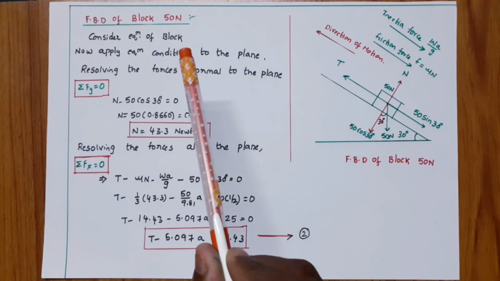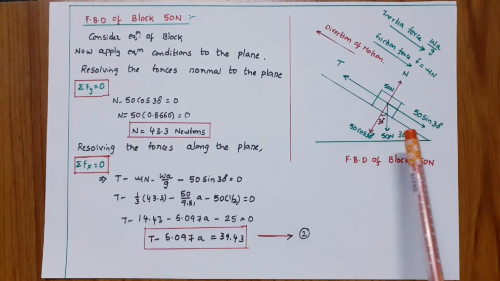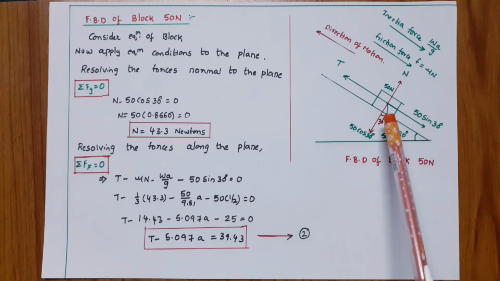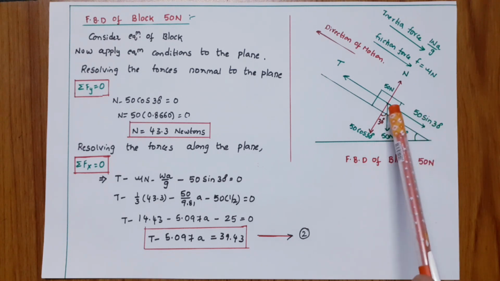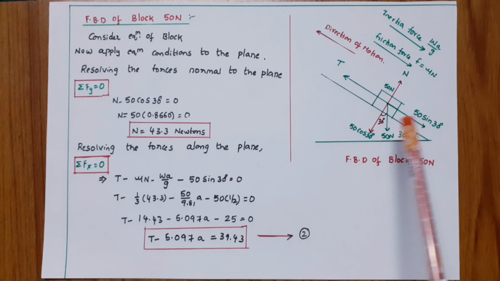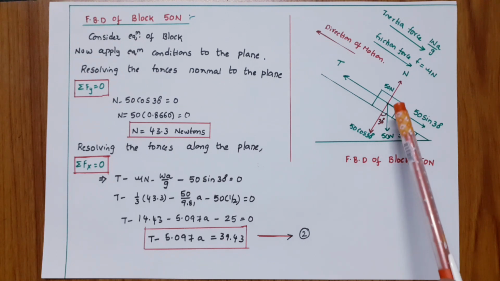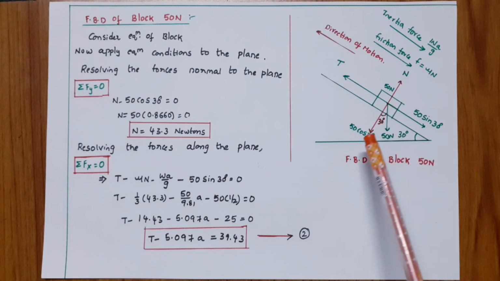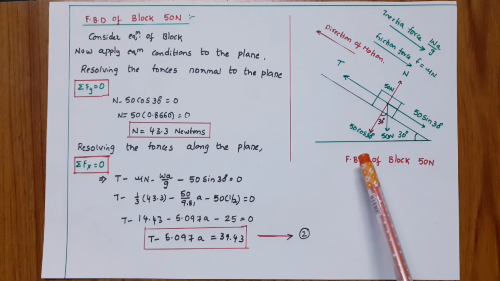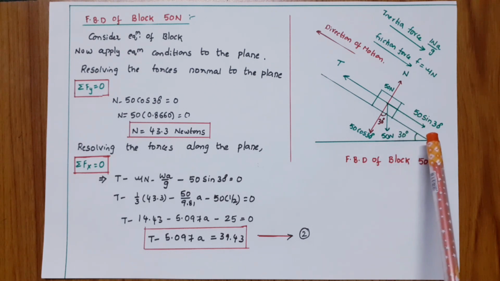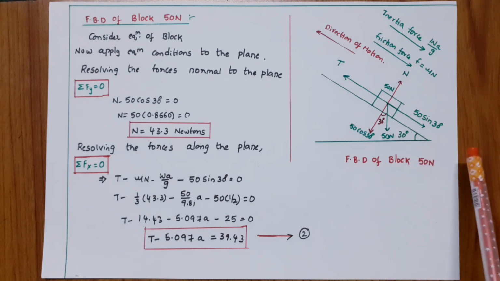Now the FBD of the 50 newton block. This is the 50 Newton block. At the contact between the block and the plane, a normal reaction is generated. The weight of the block, 50 Newton, acts downwards. The component normal to the plane is 50 cos 30. The component along the plane is 50 sin 30 degree.